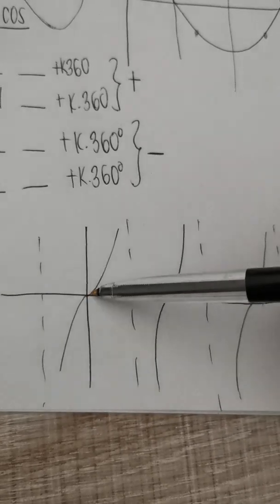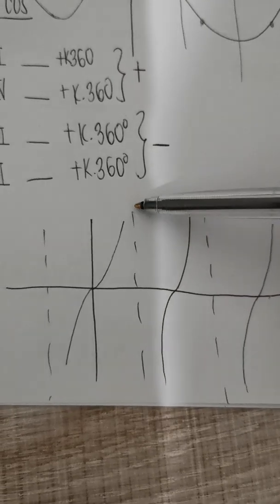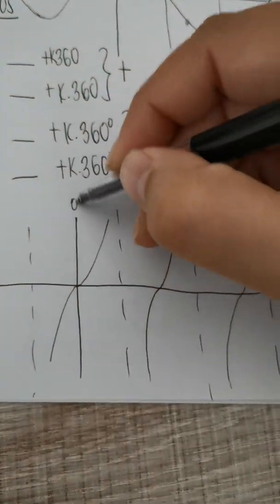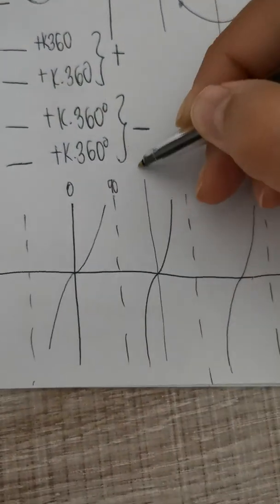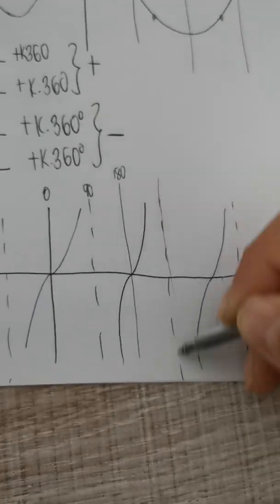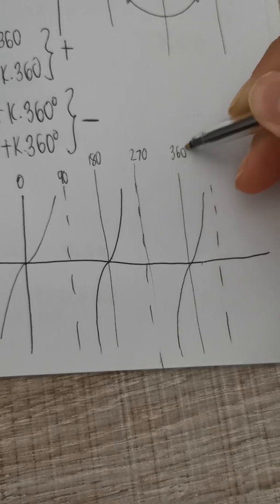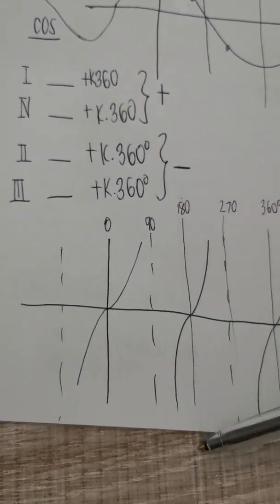Okay, can you see there? To there, it's completed. Okay, you also know that it has asymptotes. Very important to remember that. Okay, 0, 90, somewhere there is our 180, 270, 360. Remember I said that it completes its period in 180 degrees.